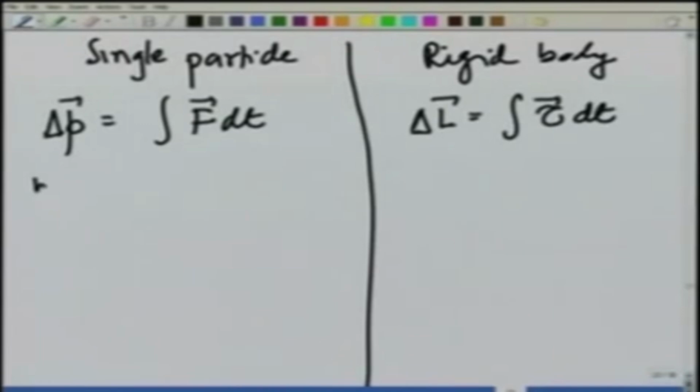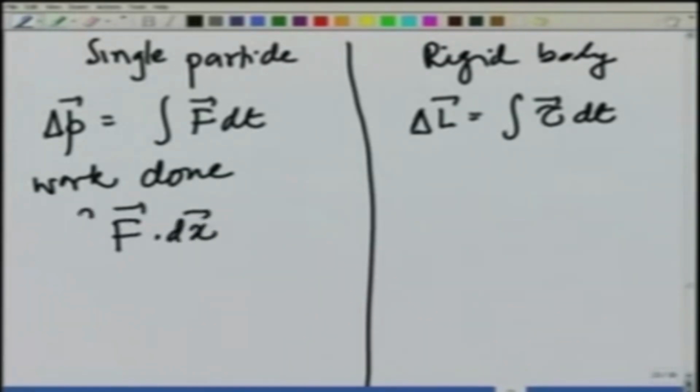The work done in this case is the integral of F dot dx. In this case, considering again the case of a single axis, it is the integral of tau d theta.